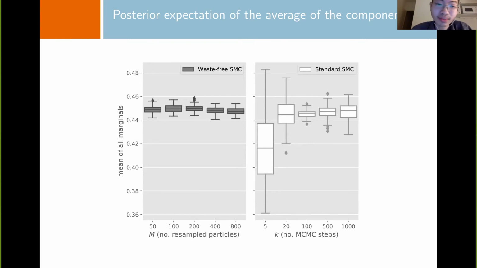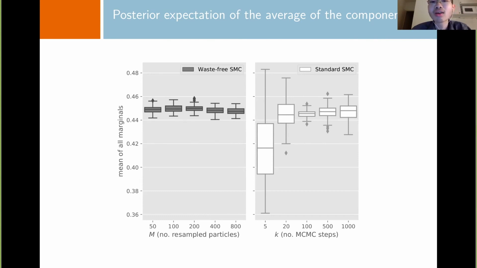Basically, what we're saying is that provided that your M is much smaller than the total number of particles N, then the performance of the algorithm does not really depend on M.